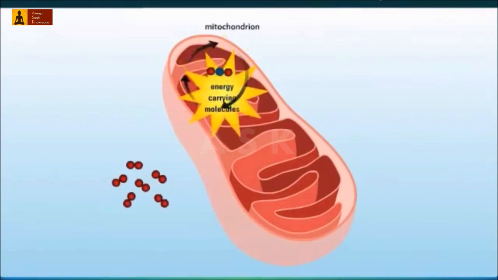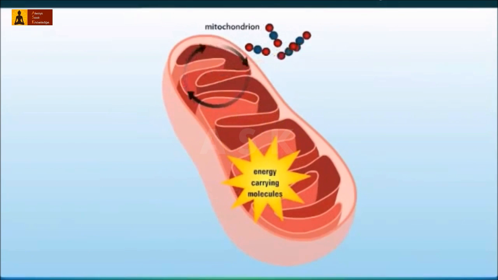The cycle then continues, producing energy-carrying molecules and carbon dioxide as waste. The 4-carbon molecule is rearranged again and broken down. As I said, NADH and FADH2, which is another energy molecule, are made.